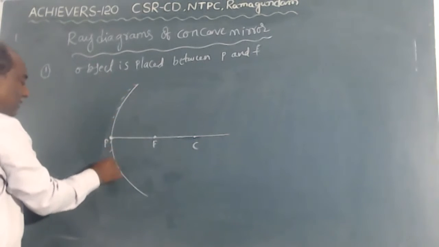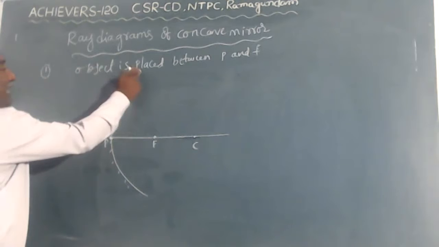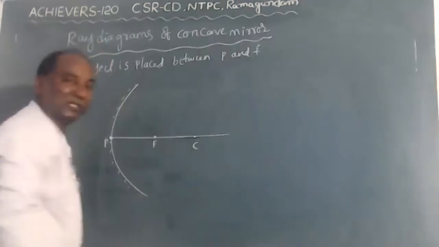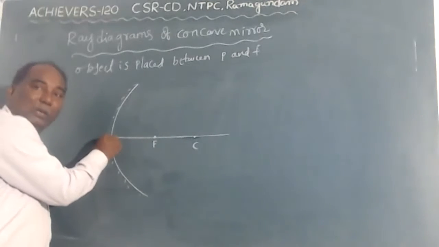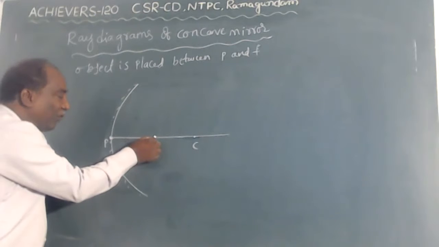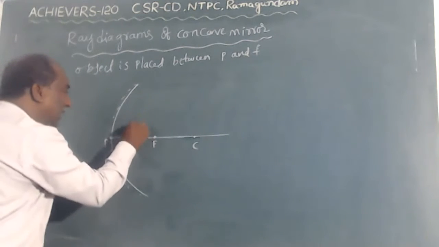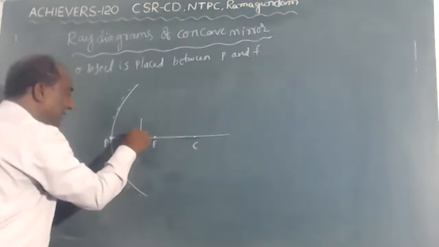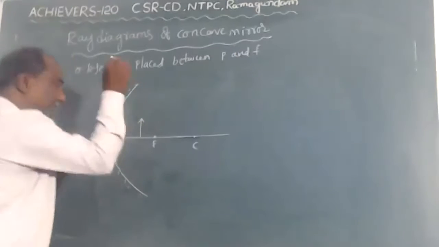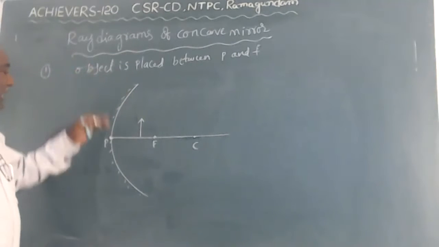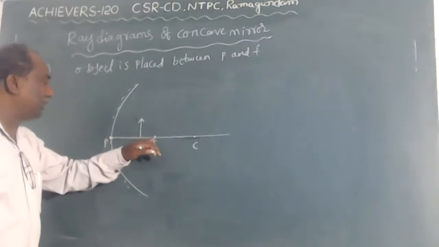According to the question, the object is placed between pole and focus. So here, pole P, focus F. Now the object is here. According to the question, the object is placed between pole and focus.